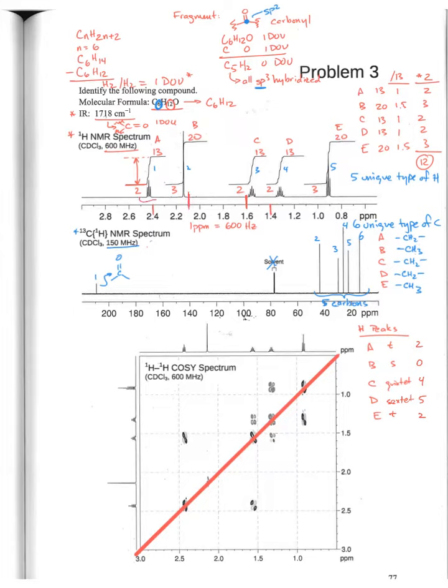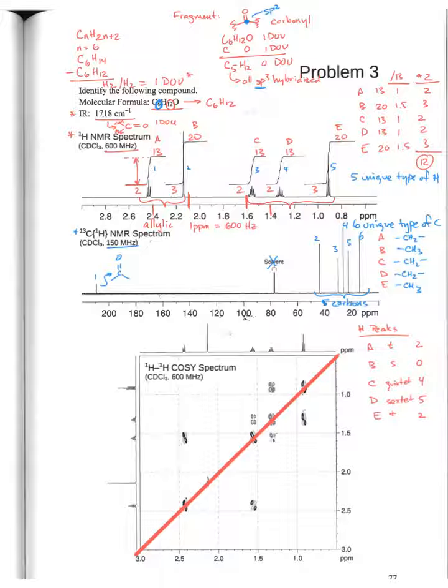So we have this clustering of peaks here, and then this clustering of peaks more upfield. The peaks between 2.1 and 2.6 are in the allylic region. And what does that mean? That they are directly next door to some sort of pi bond. We already know the molecule has a pi bond in terms of a carbonyl.